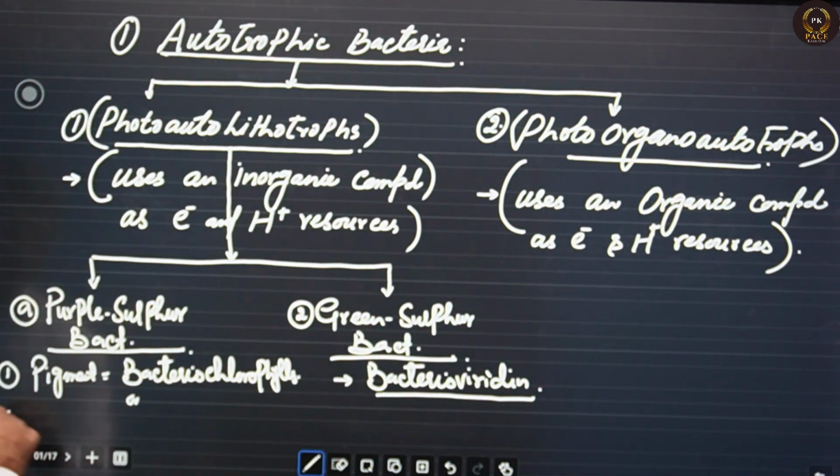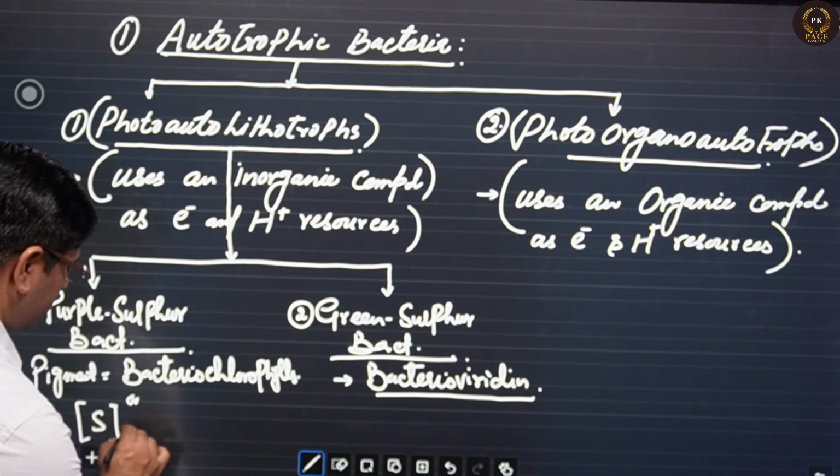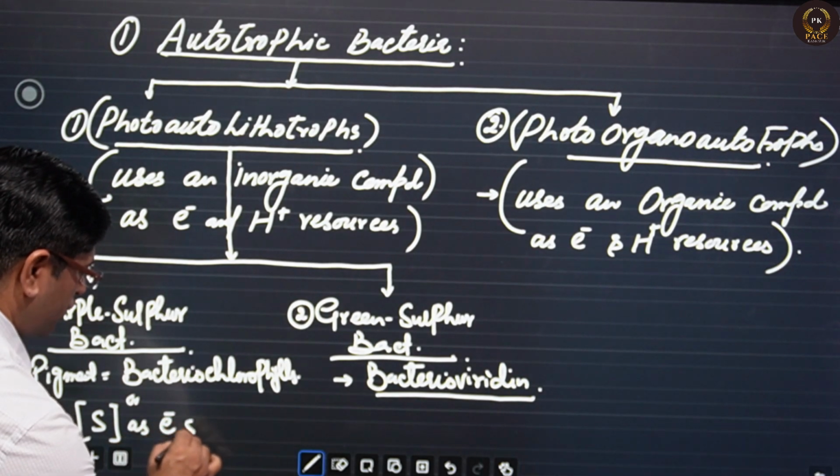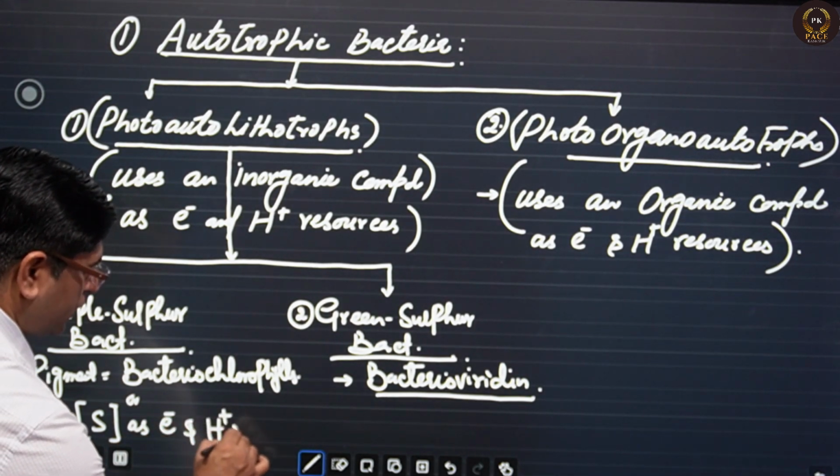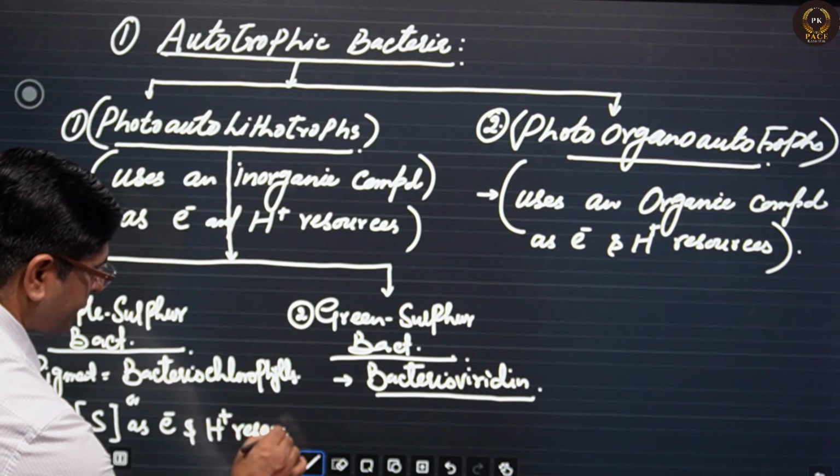Second difference is these two bacteria, purple and green sulfur bacteria. Purple sulfur bacteria use inorganic sulfur as electron and proton resource.